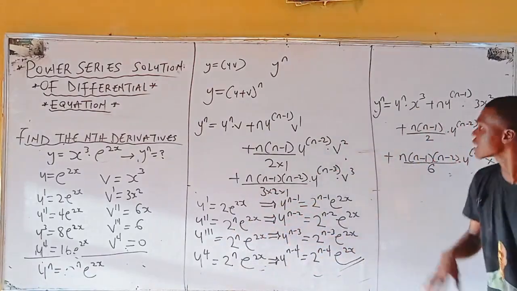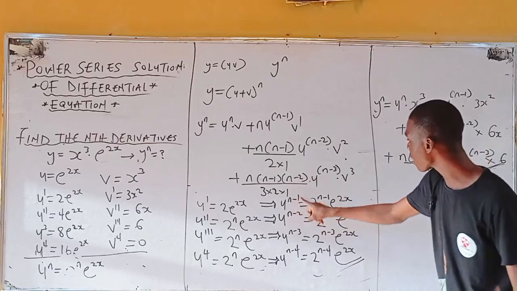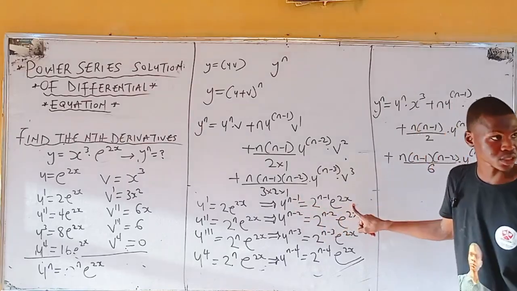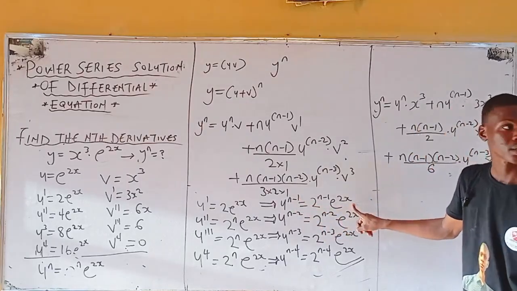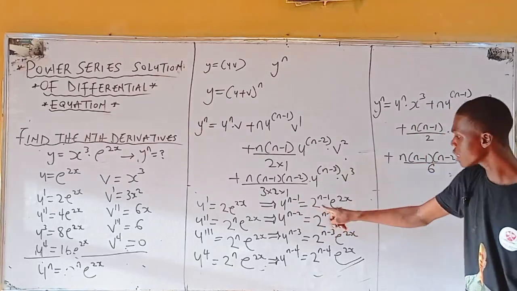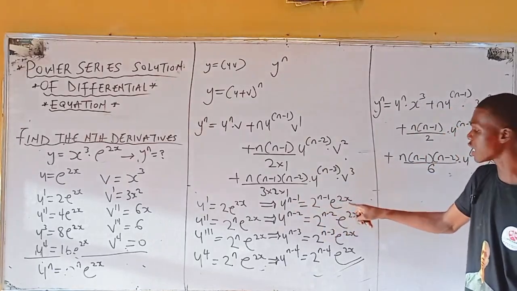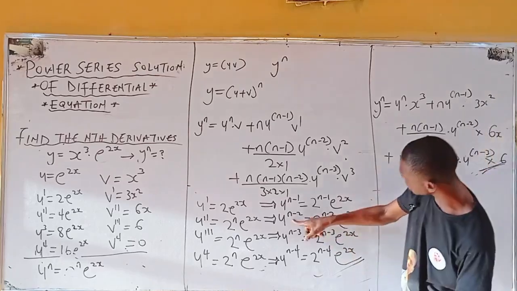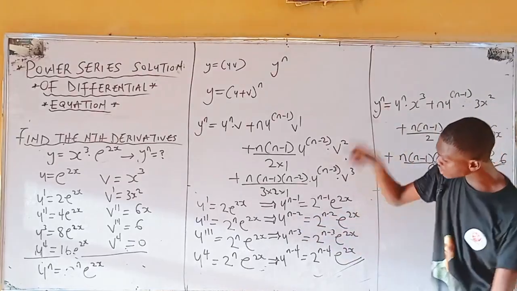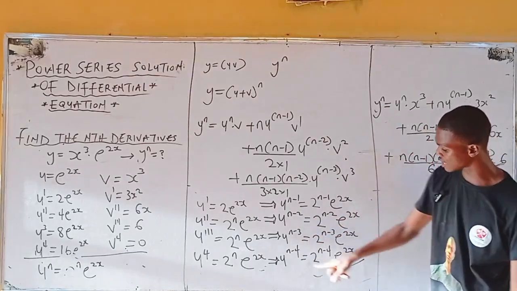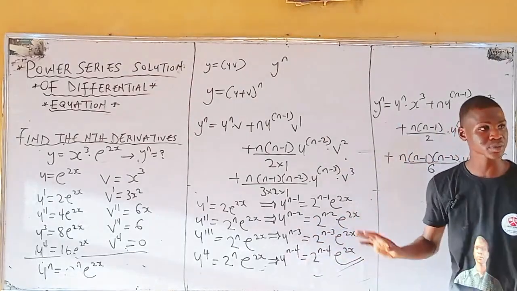So what it means is that anywhere I see u raised to the power of n minus 1, I substitute 2 raised to the power of n minus 1 multiplying exponential 2x. Anywhere I see this, I substitute this. And lastly, anywhere I see this, I substitute this. Are you getting it?